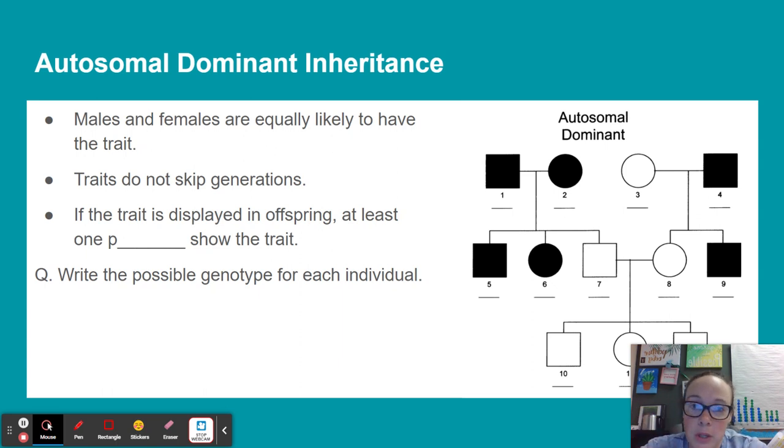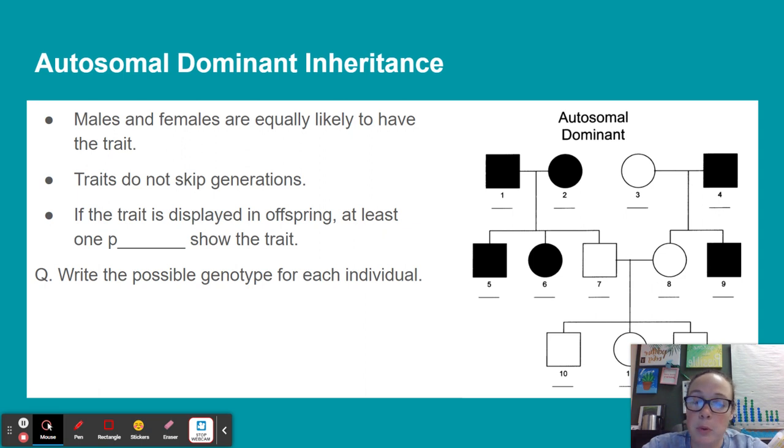It also works the other way, down to children. If a parent has the recessive trait, their children are also going to have the recessive trait if they got one from the recessive parent and one from the carrier other parent, or they will be carriers of that trait.